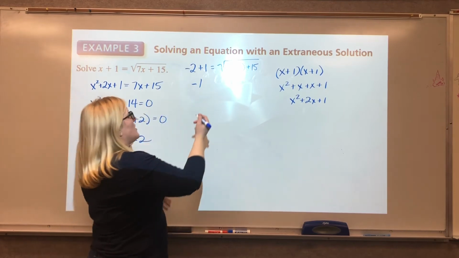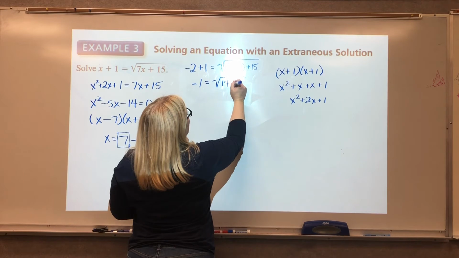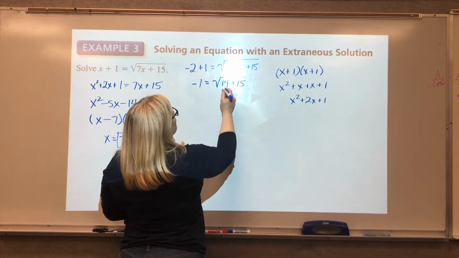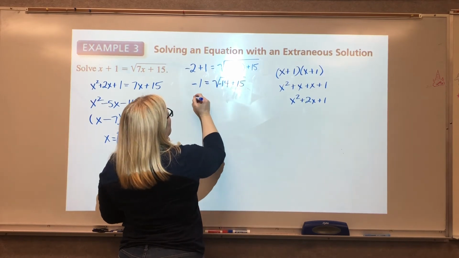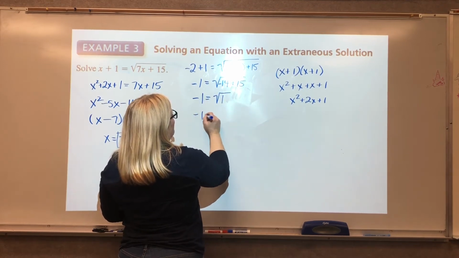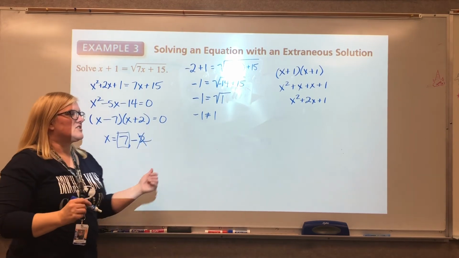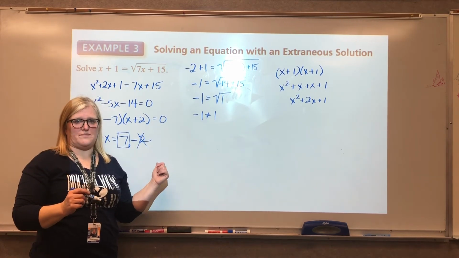But you could keep going, I guess, and say this is the square root of negative 14 plus 15. So negative 1 equals the square root of 1. Negative 1 does not equal 1. So negative 2 is your extraneous solution. Okay?